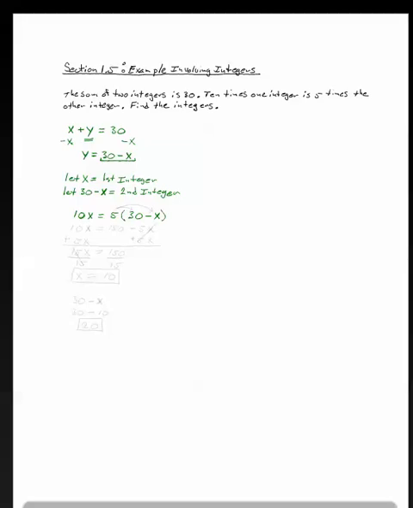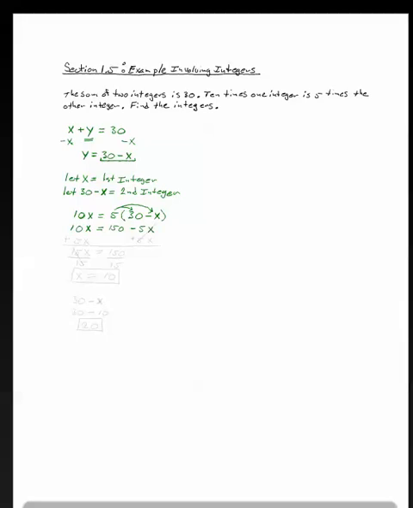Now I need to distribute. That gives me 10 times x equals. Now 5 times 30, well 5 times 3 is 15, and add the 0, so 5 times 30 is 150, minus 5 times x is 5x.